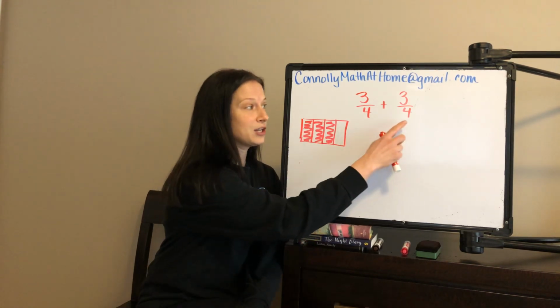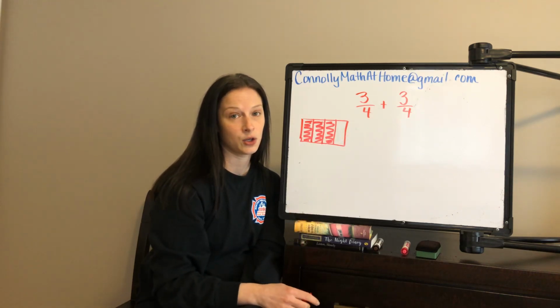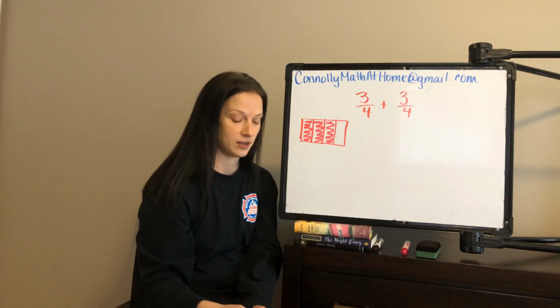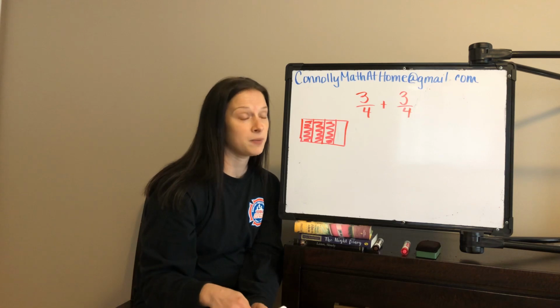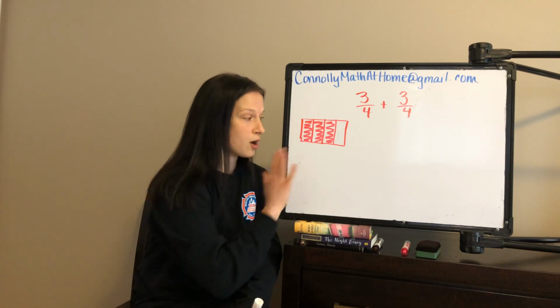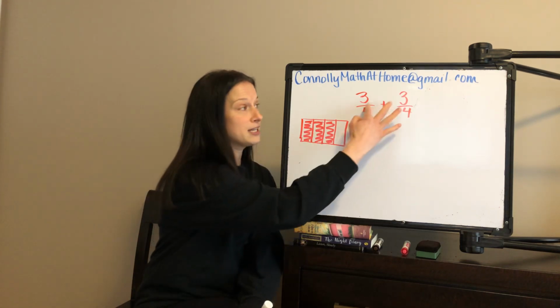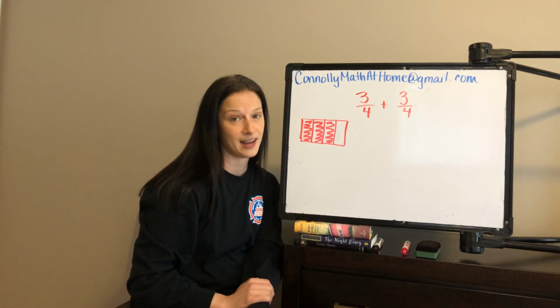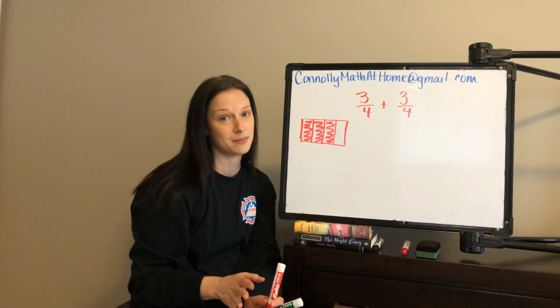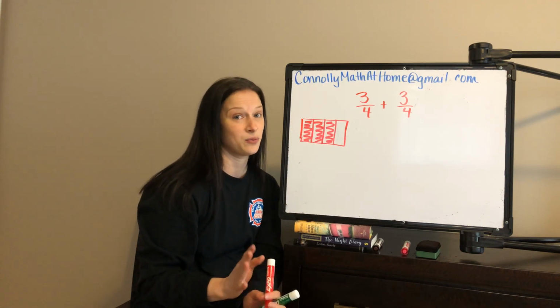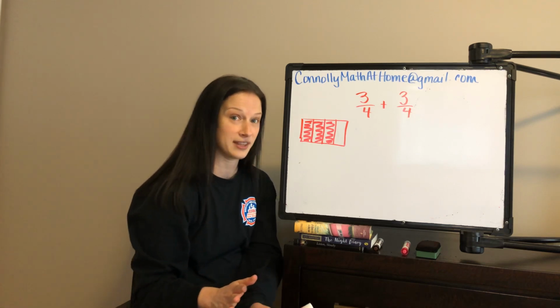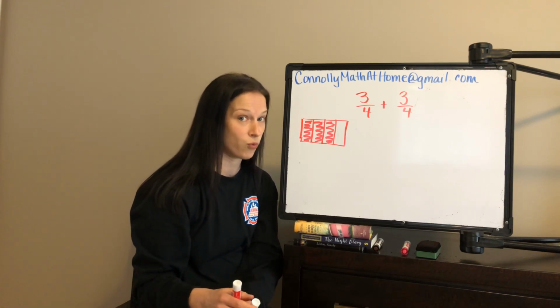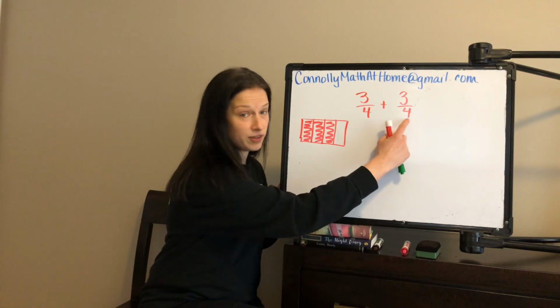But I need to add 3/4. So what do I do? Well, some people are going to be tempted to draw one area model and represent 6 altogether on the area model. And sometimes when we end up doing that, we end up with 8ths, and I don't want that to happen. You need to keep track of what's happening. You're adding 3/4.